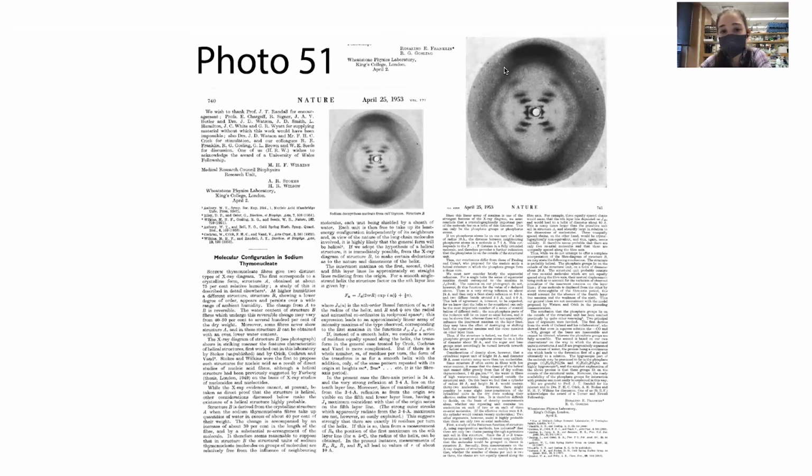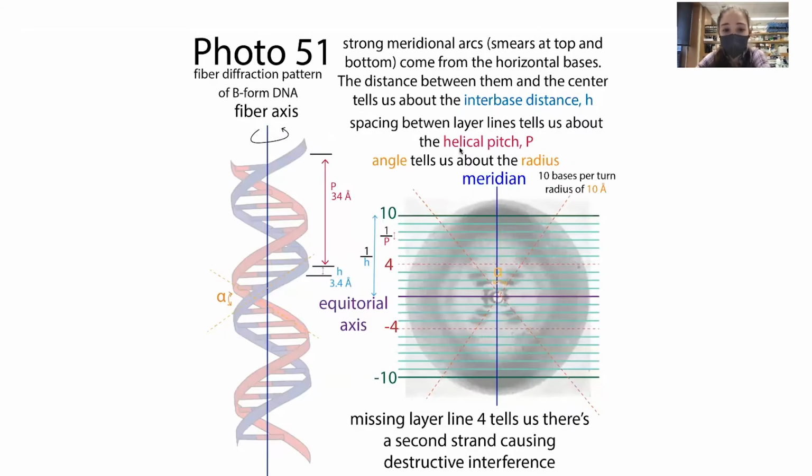But the fact that you see this smear at all is informative, because it's telling you that the bases are fairly horizontal. When the X-ray is hitting the double helix perpendicular to the fiber axis, straight on, if the bases were not horizontal, because you have these four different bases, the signals would wash each other out.